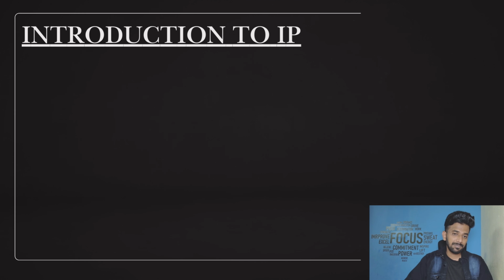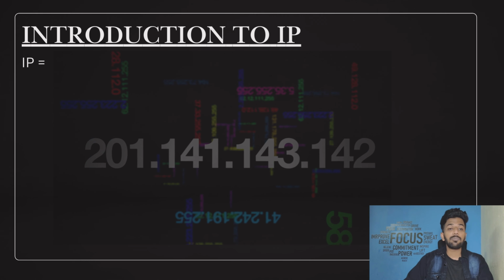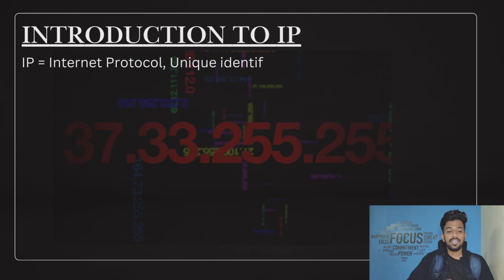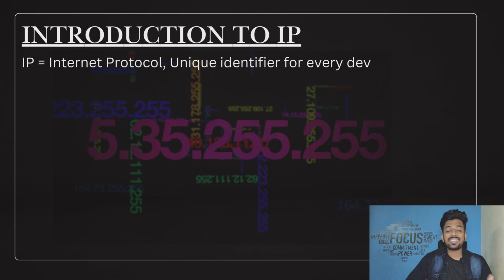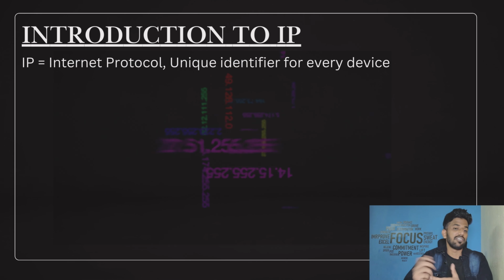What is IP? You might have heard this term IP. But have you ever wondered how IP works in real time? What are the concepts involved in IP? What is it? What does it really do? IP stands for Internet Protocol. It is the primary communication protocol that makes sure that devices can talk to each other over the internet or different networks.